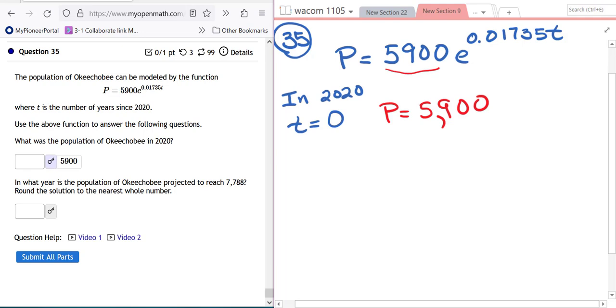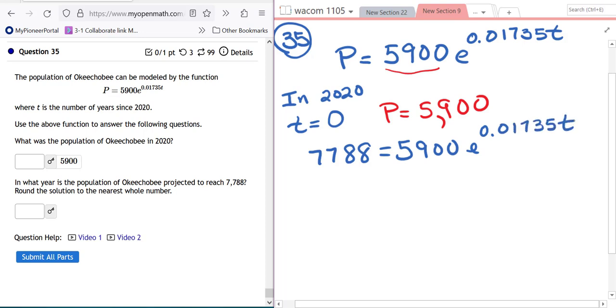So now our other question asks us in what year, so we're still going to have to solve for t. What year will the population be projected to reach 7,788? So that will be our projection, which is P, 7788 equals 5900 e to the 0.01735 t.